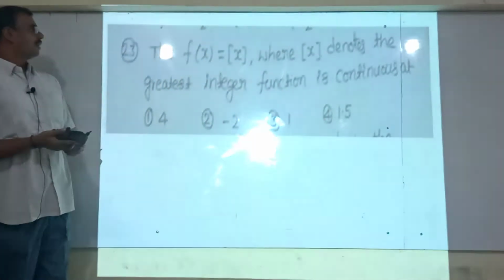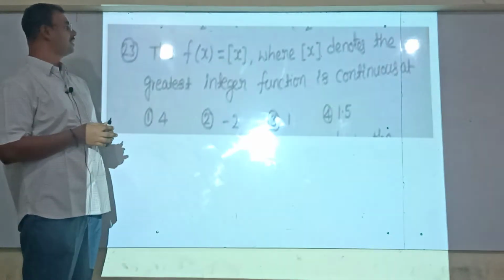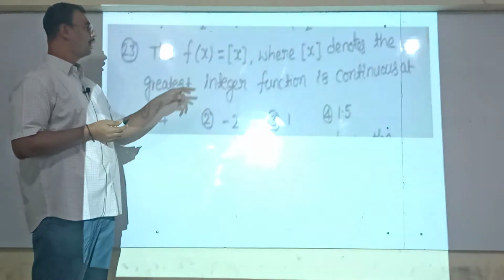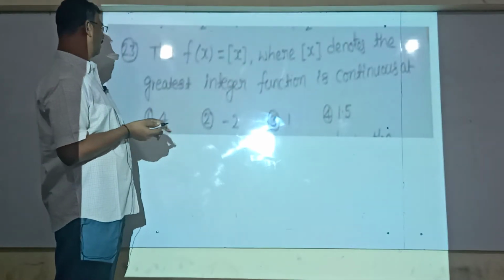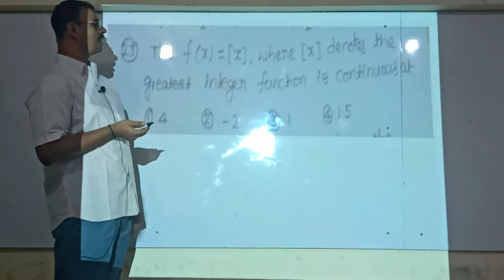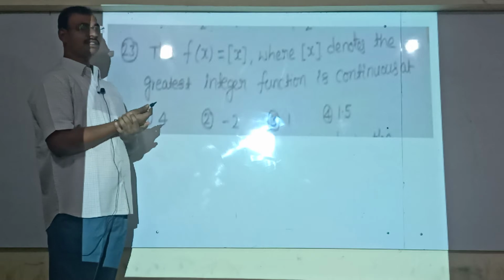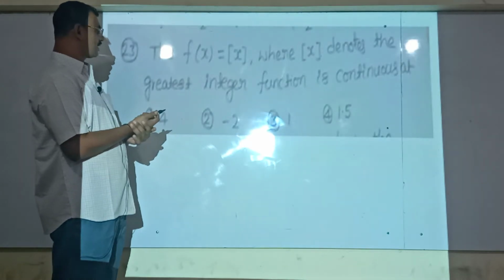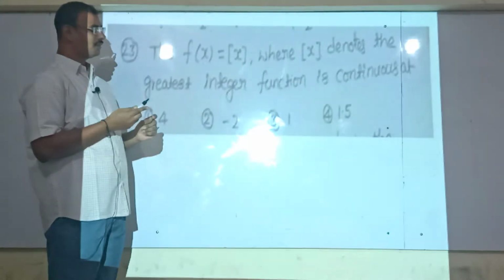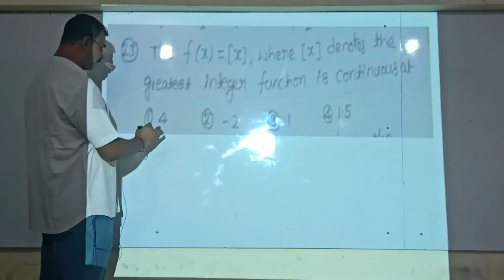The function f of x is equal to the greatest integer of x, where the greatest integer of x denotes the greatest integer function. Where is it continuous? I will explain the method here, and you can understand anything. I will do one problem.